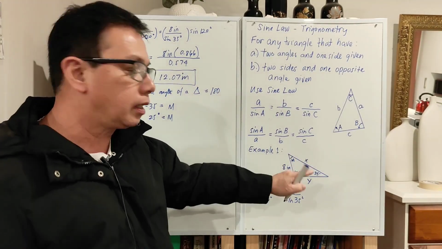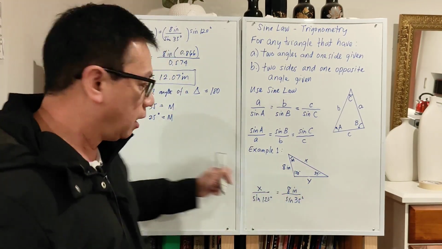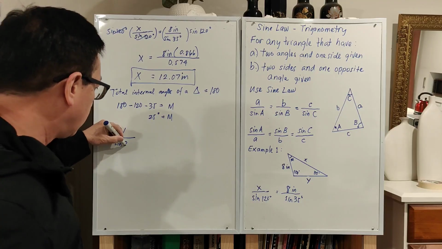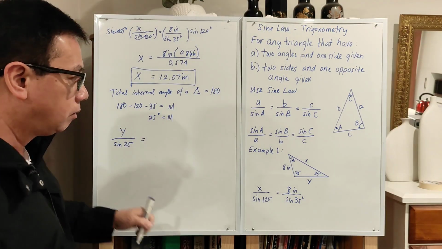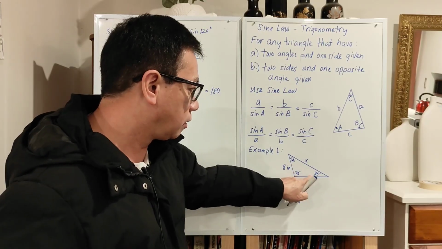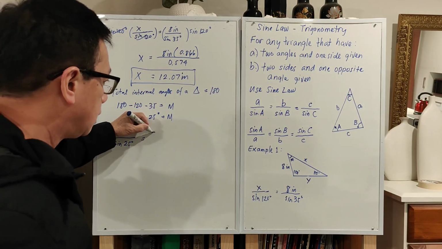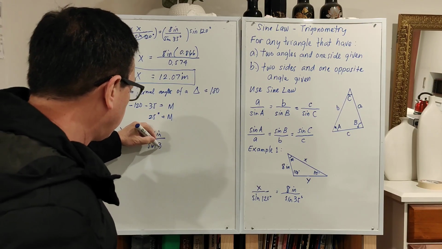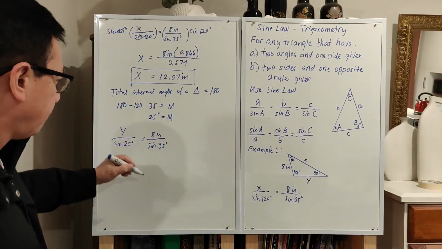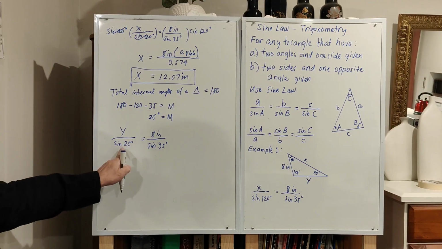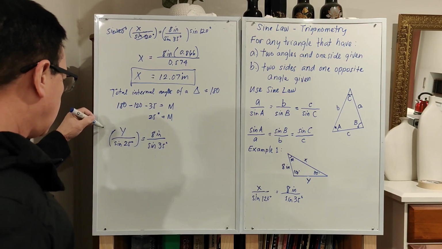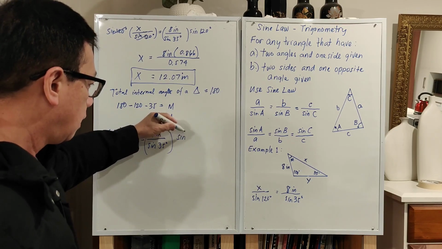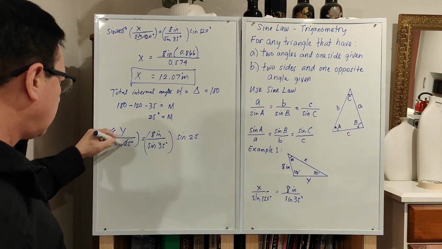So let's start with the unknown side. So y over sine M, which is 25 degrees, is equal to, we still use these two given, 8 inches over sine 35 degrees. So to solve for y, we have to multiply both sides by sine 25. This will cancel out.